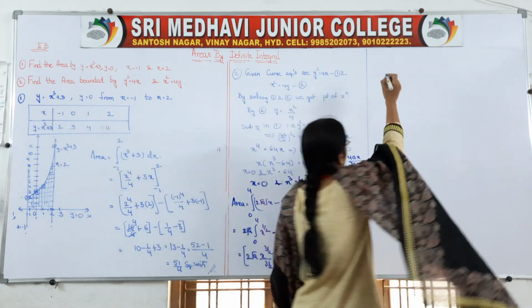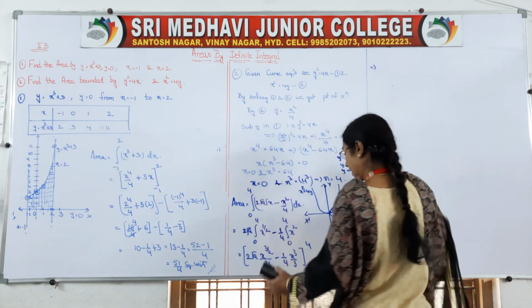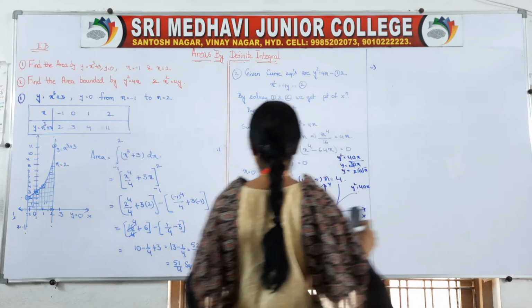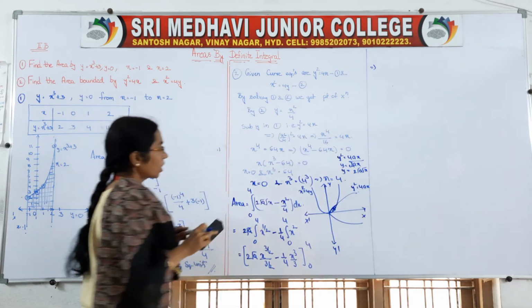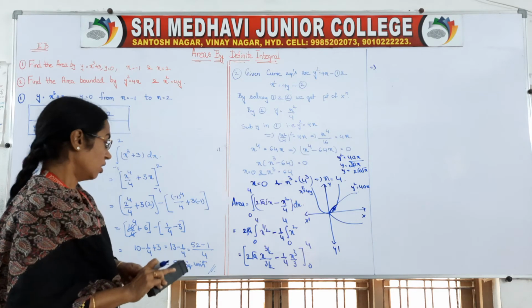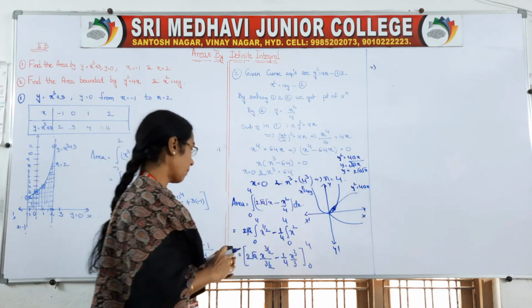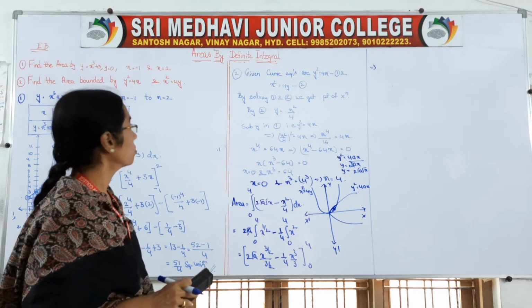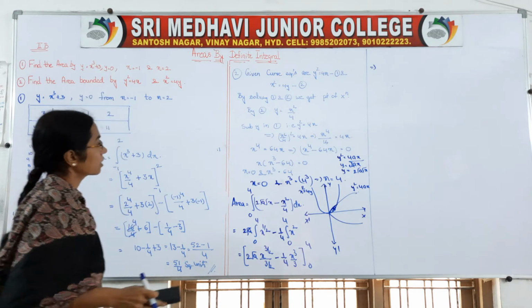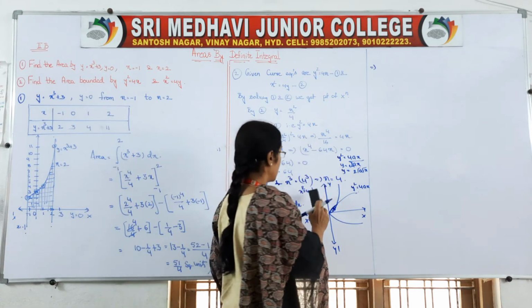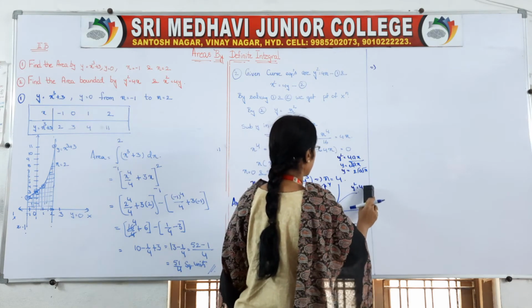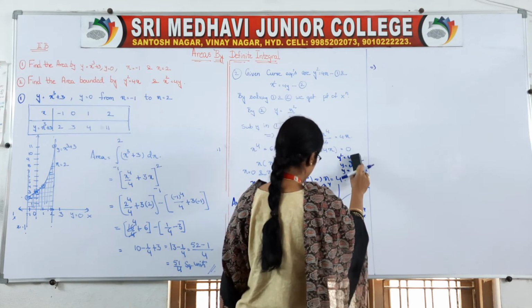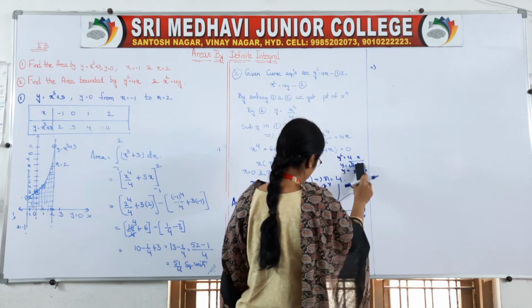So how will we take the values? It is 2 root a. Area is equal to, it is not 4ax, only 4x is given to us. So a is not there in this question, it is in the form of 4a.